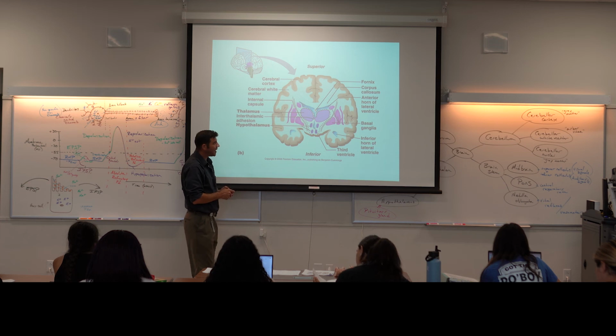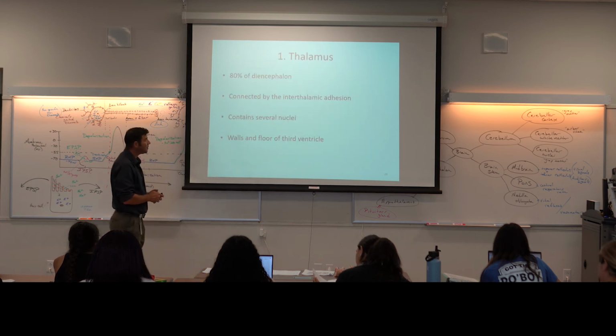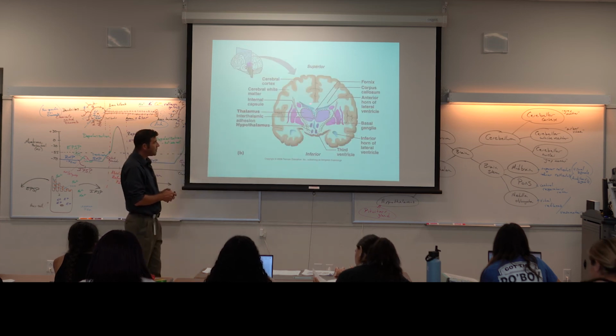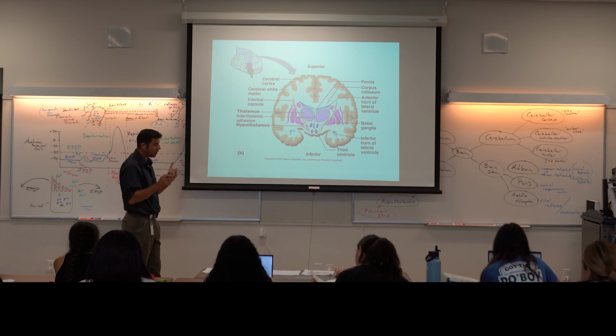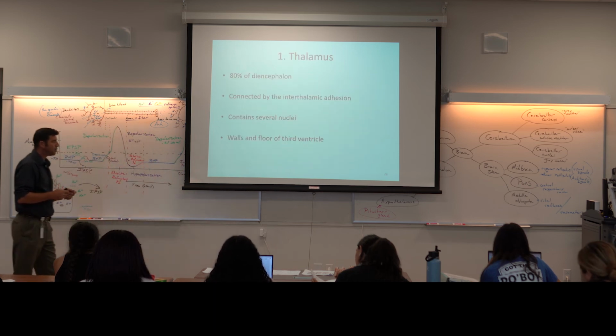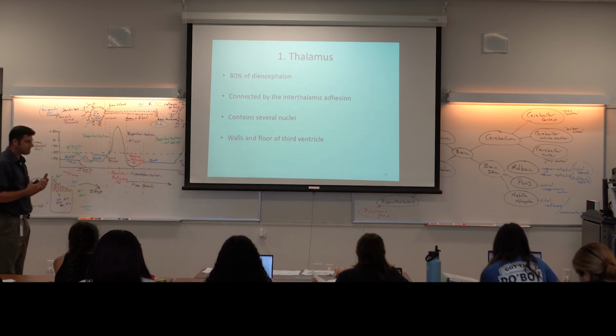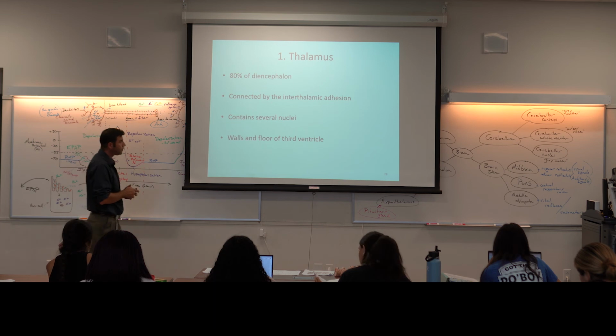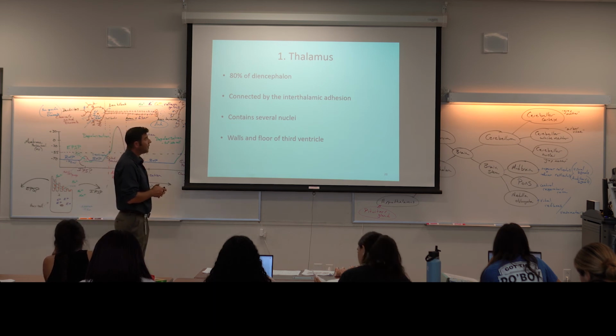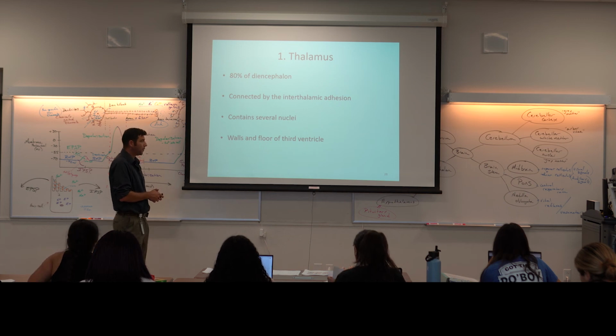Still thinking about the diencephalon, kind of the thalamus. We said that this oval-shaped area right here has a function of routing the sensory information that comes into the brain. It has to process sensory inputs and decide where in the brain that needs to be directed. The other thing you can see is that the thalamus is going to help make up the walls and the floor of the third ventricle.